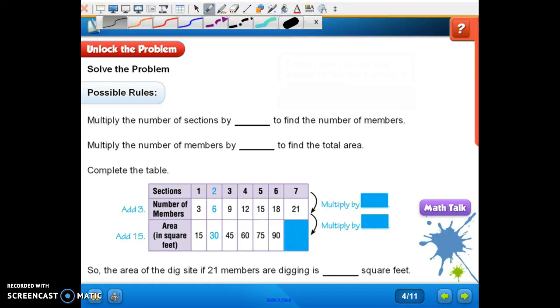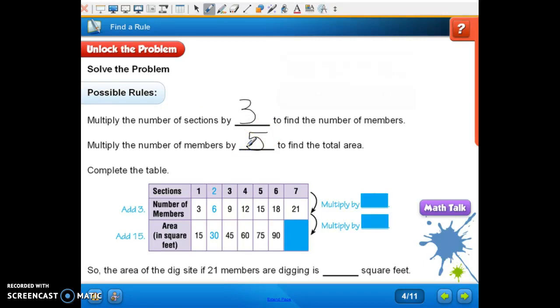So there are 15 sections. We're going to multiply that by how many members were in each section? 3. Multiply the number of members by 5 to find the total area.